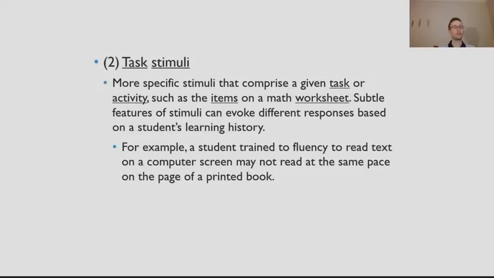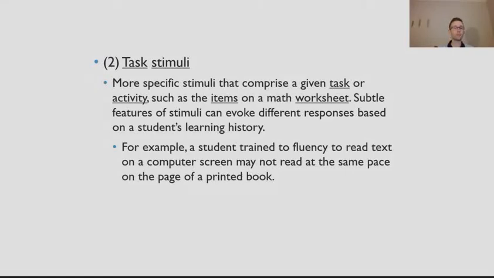Subtle features of stimuli can evoke different responses based on a student's learning history. And so by assessing certain features of task stimuli, you can learn about what the student's apparent learning history is and how that's related to the current context and which variables you may need to modify to improve student learning.